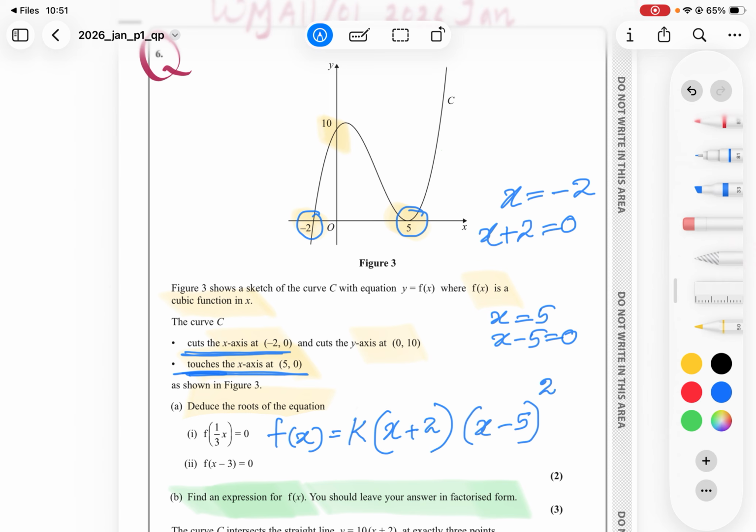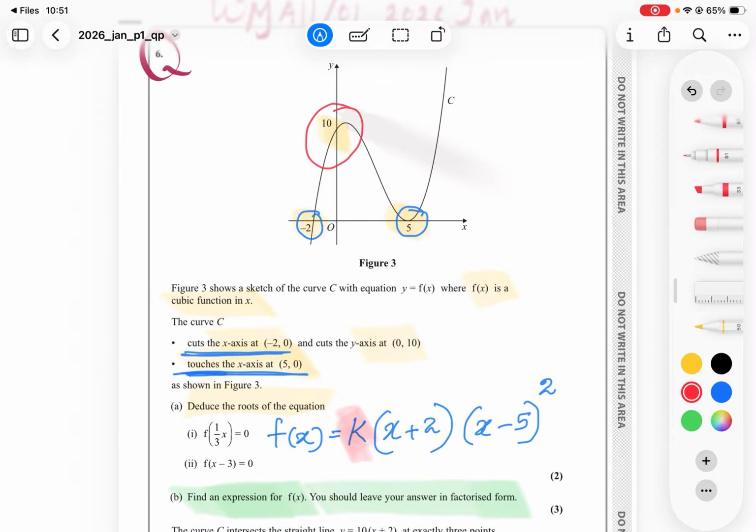So this is the expected equation. But what we don't know is the k variable. We need to find it. To find that, we need a point. That is the purpose of having this point.